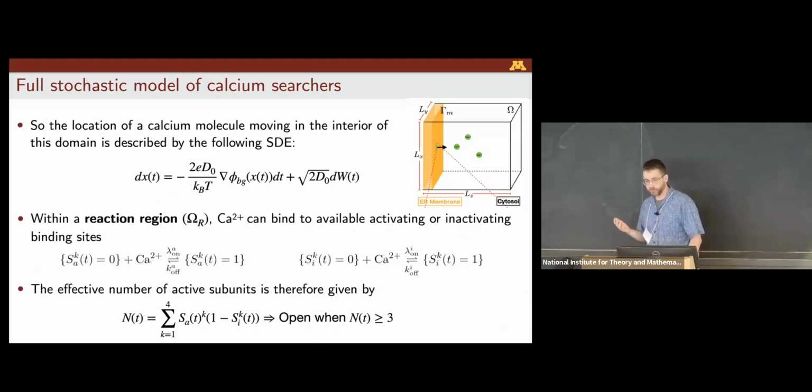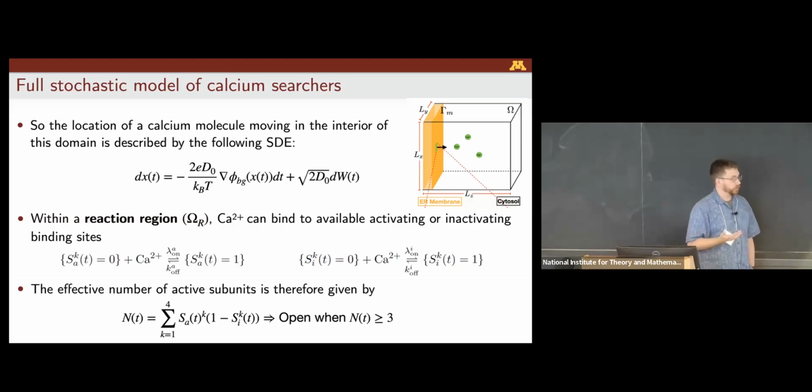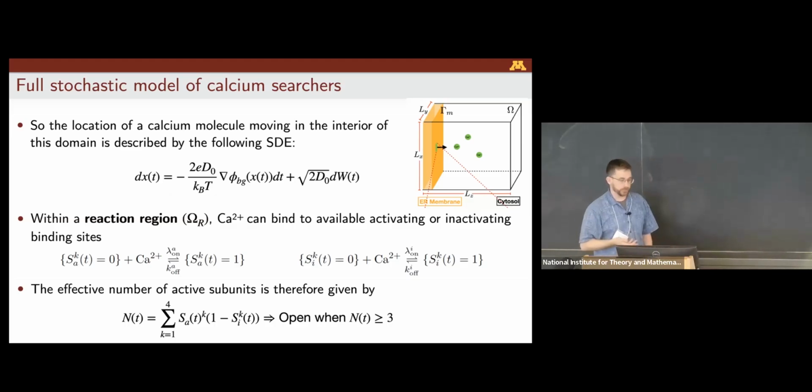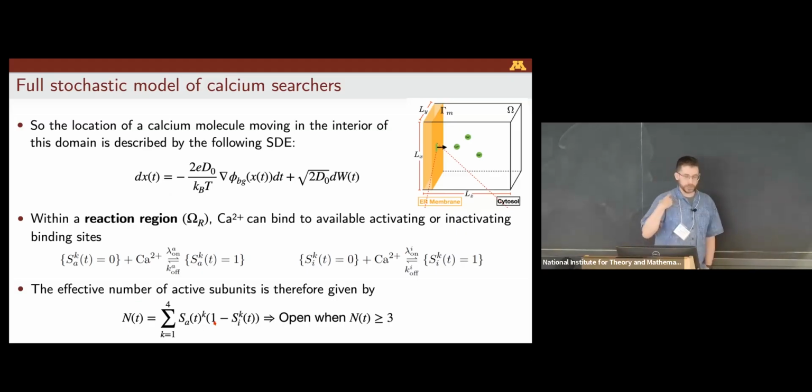So altogether, I now have this movement for the particles in the space that depends on this background electrical field. I now have this trap that is going to be taking in multiple calcium molecules. And I have some state in which this channel will open where I need this sum here, 3. I need 3 of these activating sites to be bound. I also don't need this inactivating site to be bound in the same spot, because that cancels out that activated site.